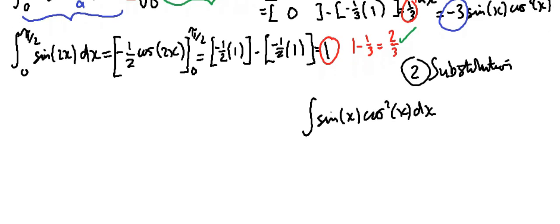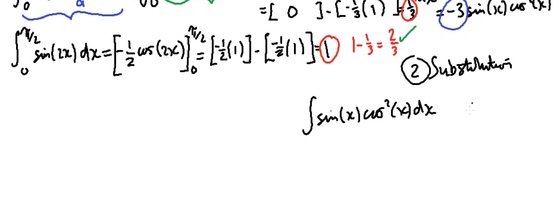Now, this time we haven't been told to use substitution, so we've got to decide what to use for u. Well, it would seem to make sense to have cos, as that's squared. So let's have u is cos of x, and then we can do du by dx.